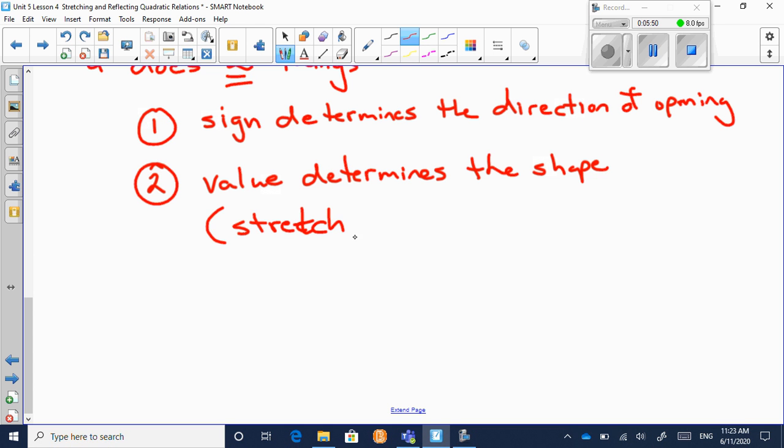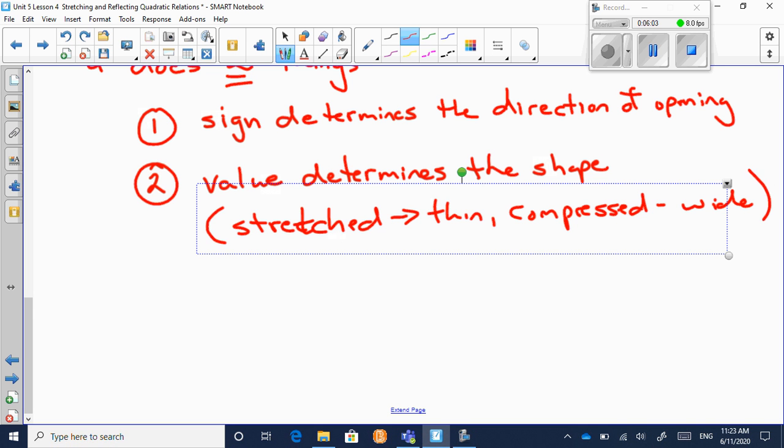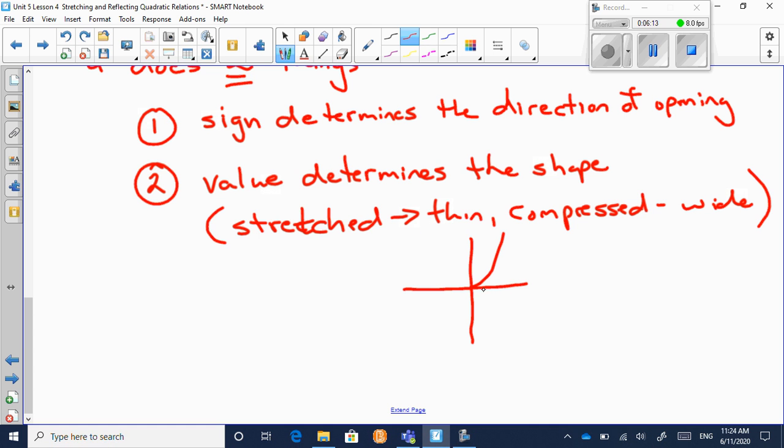By shape, what we mean is, is the parabola stretched? Is it stretched and really a thin parabola? Or is it compressed, and is it a wide parabola? So the value that a takes on. If this was our bread and butter parabola, just kind of draw it like that, then if a is a very large number, it can stretch it, and so it would be something like this.